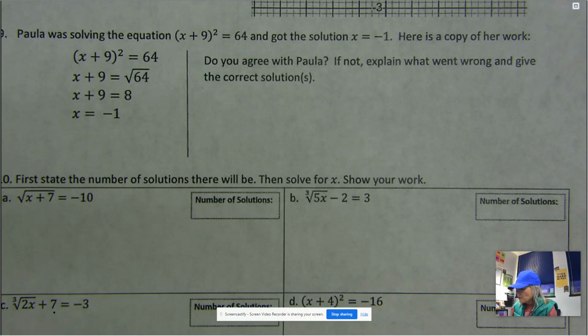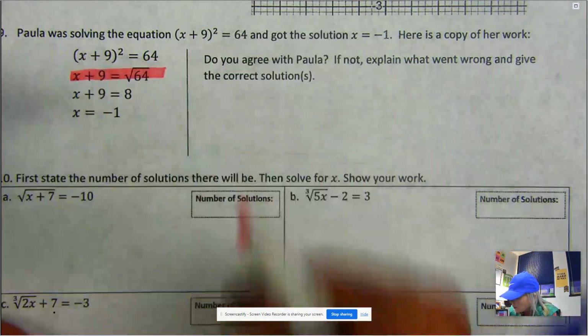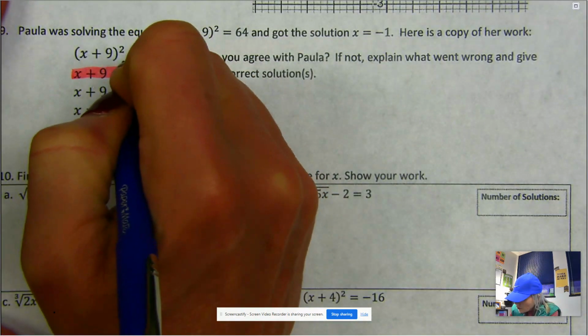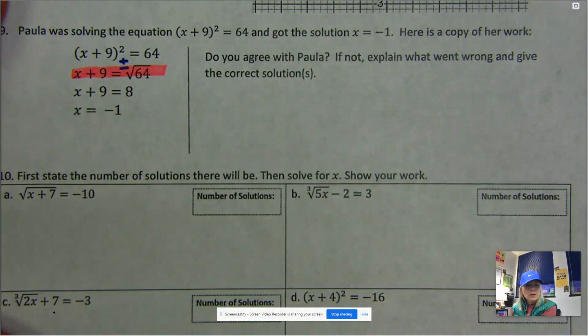And so at this point right here, when Paula is taking the square root of 64, Paula forgot the square root of 64 has a positive and negative value. 8 times 8 is 64, but also negative 8 times negative 8 is 64.